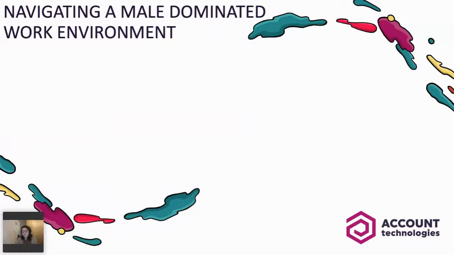And I would say something I've also found helpful, quite recently, is reaching out to the women that aren't in my team necessarily, but are in the company. Because one, it's really good to make connections with people outside of your team and to network within your company. Especially since Account Technologies is a company that loves collaboration throughout departments, and that's really valued.